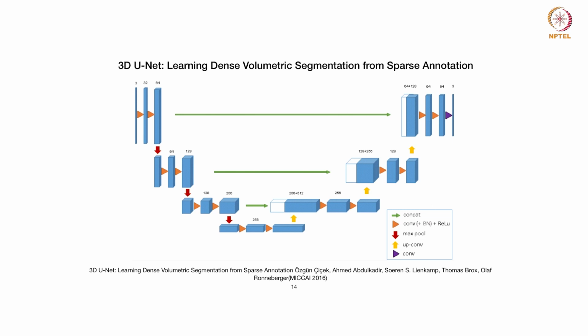Okay, so we are just going to look at the so-called 3D UNet. It's basically the 3D counterpart of the 2D UNet that we have looked at so far. So what do you mean by 2D UNet? 2D UNet is basically where your convolutions are 2D. But of course, we have seen that even in 2D convolutions, your filter extends across the channel. So when we say 2D UNet, the input is 2D.